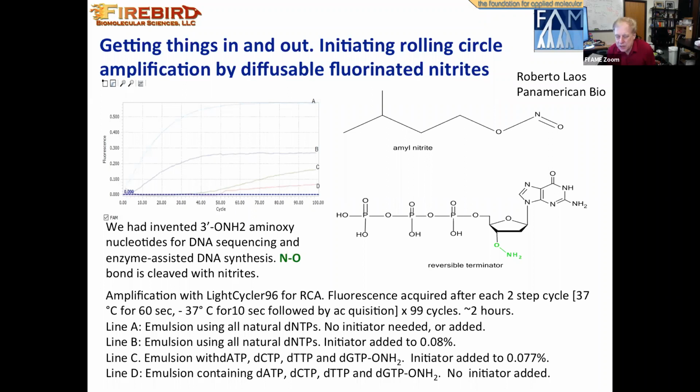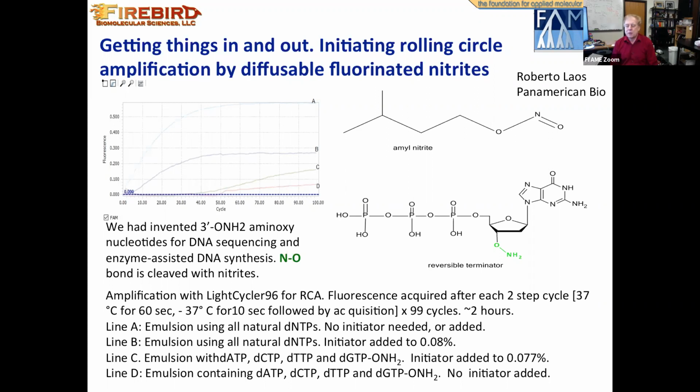And that's nucleosides with the 3' OH blocked by an ONH2 group, an aminoxy group. These are aminoxy nucleoside triphosphates. We actually sell them for both enzyme-assisted DNA synthesis as well as next-generation sequencing.